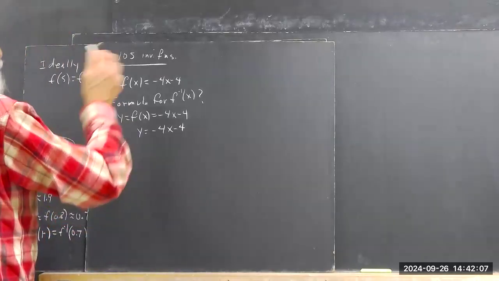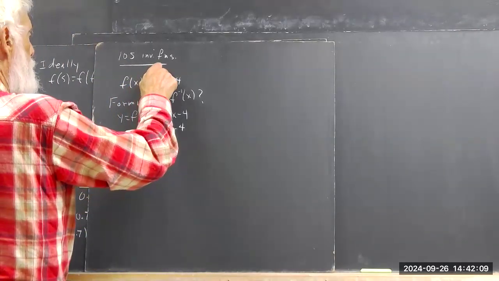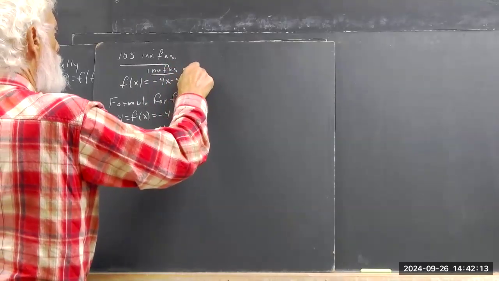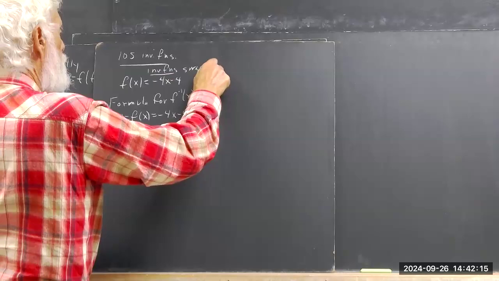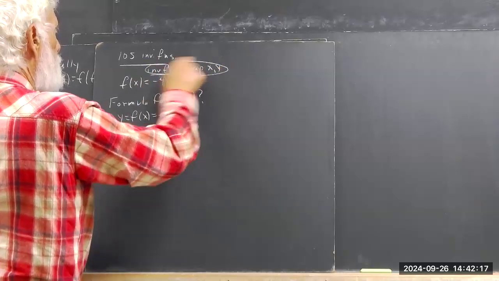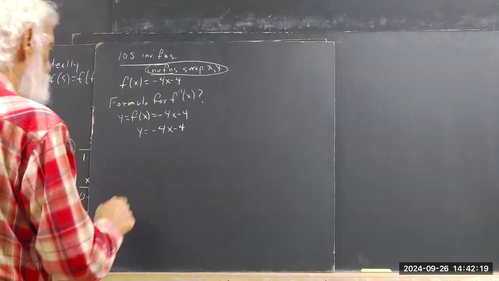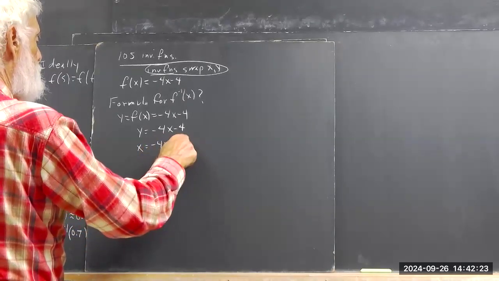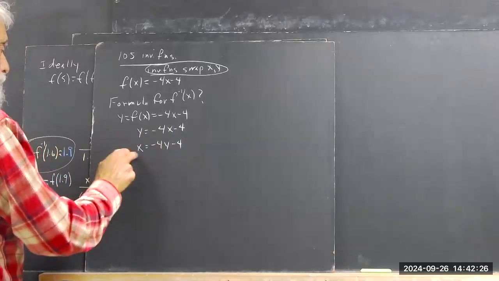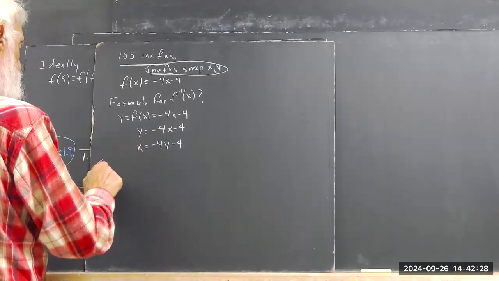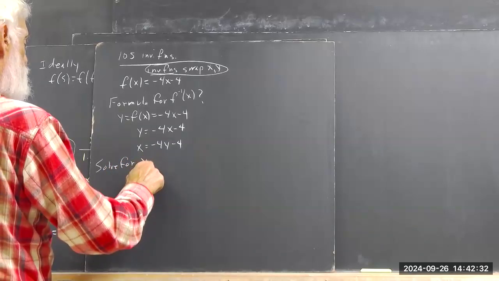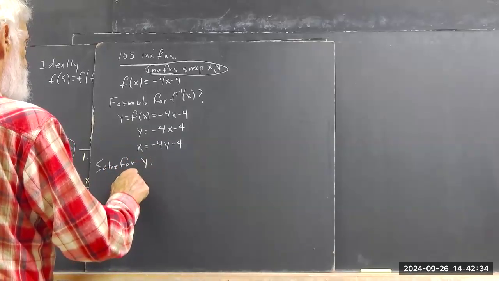Well, the thing I told you to remember: swap x and y. So we take this equation and we swap x and y. So x becomes y and y becomes x. And now solve for y.